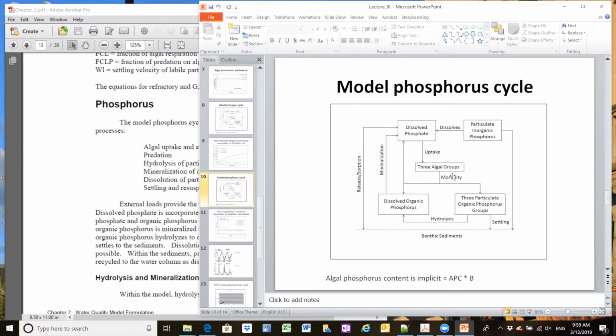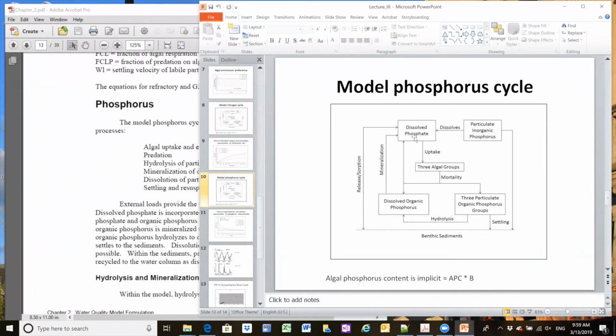Algal mortality, the respiration plus the predation, distributes it to a dissolved organic pool, our three particulate organic groups G1, G2, G3, and also back to dissolved phosphate. So once again, you have 5 options for how you distribute algal mortality.